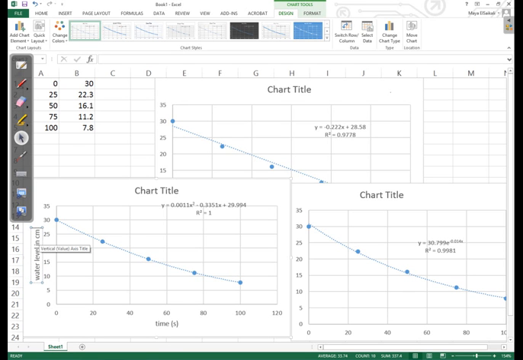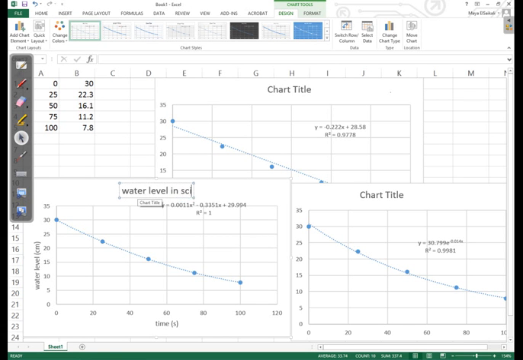What would be a good chart title for this? Not just "science experiment." Water level in a science experiment, sure.